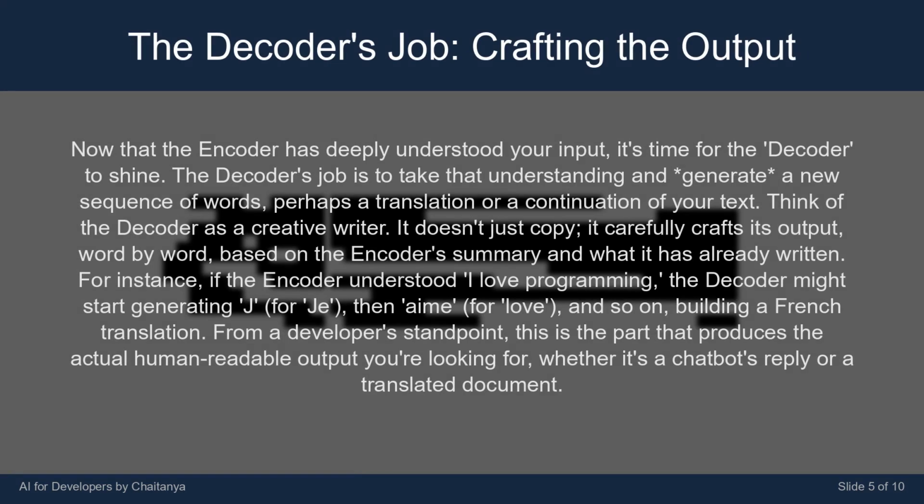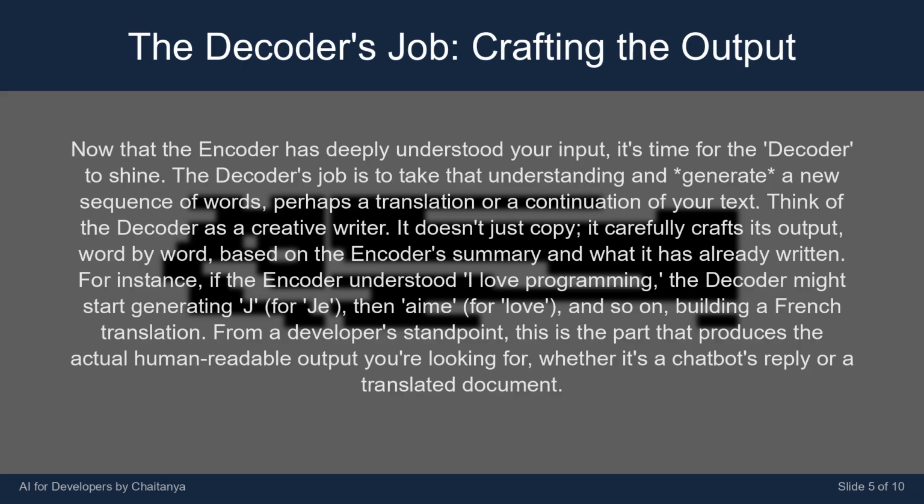Now that the encoder has deeply understood your input, it's time for the decoder to shine. The decoder's job is to take that understanding and generate a new sequence of words. Perhaps a translation or a continuation of your text. Think of the decoder as a creative writer. It doesn't just copy, it carefully crafts its output, word by word, based on the encoder's summary and what it has already written.